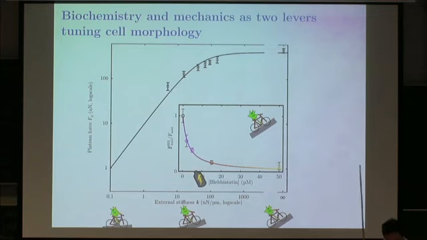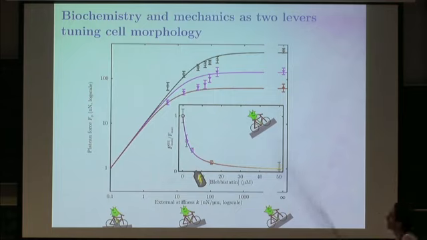I can do that also for the other points for different external stiffnesses. And what I get is that for a different level of myosin, so a biochemical regulation, I have the same mechanical reaction to the change of the environment.